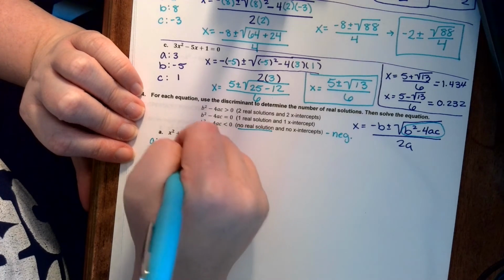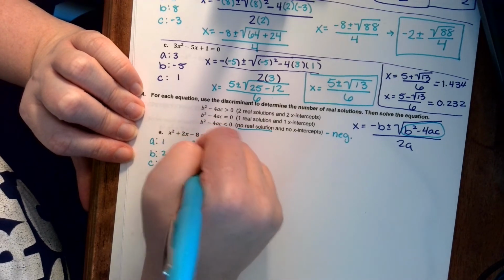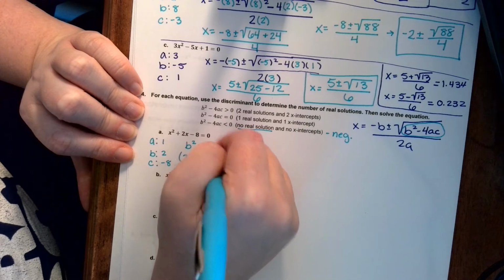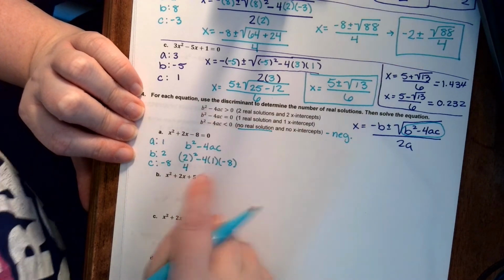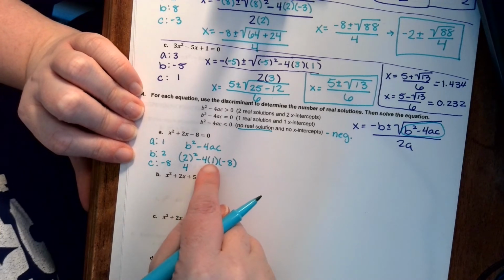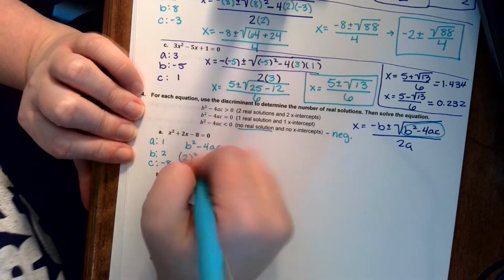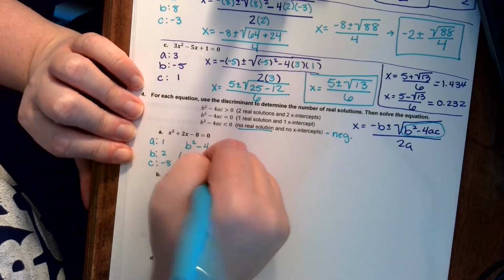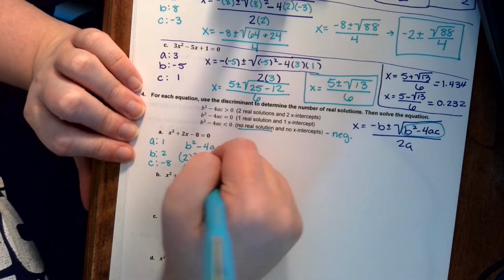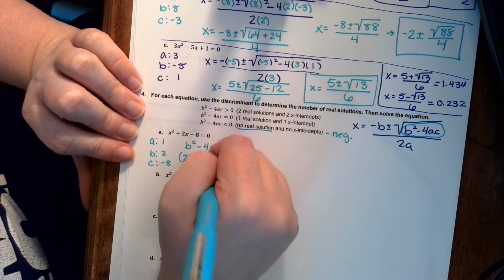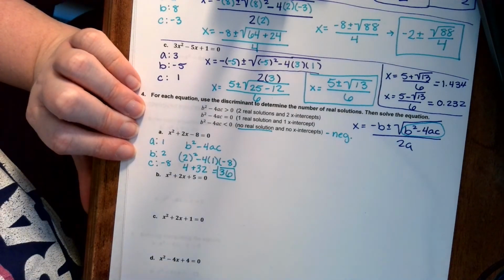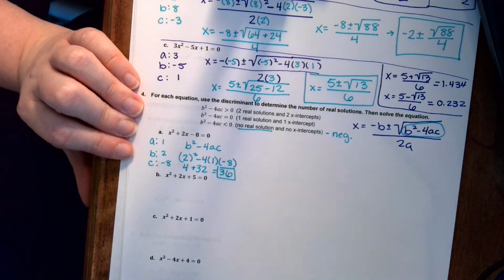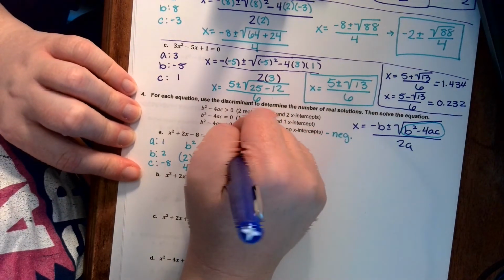So we are doing 2 squared minus 4 times 1 times negative 8. So 2 squared is 4. Negative 4 times 1 is negative 4. Negative 4 times negative 8 is positive 32. And 4 plus 32 is 36. So because this is a positive number, we're going to have 2 real solutions.